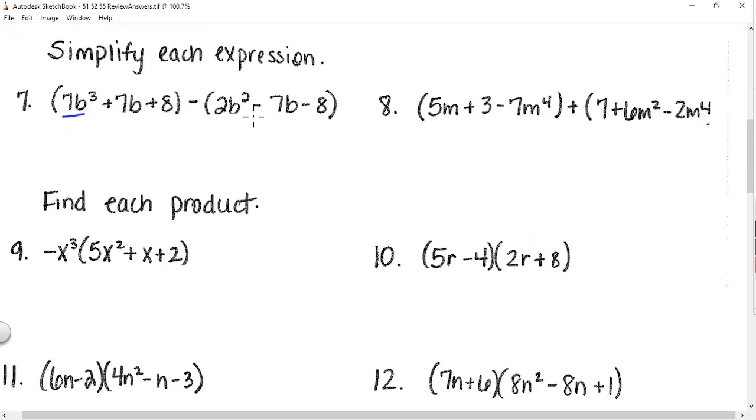There's a b squared, there's another b. There is no other b cubed. So this is very important, and it's a very common mistake to try to add 7b cubed plus 2b squared. Well, those are not like terms. You cannot add those. You cannot combine them. The only thing you could combine with 7b cubed is some other term that has b cubed. There are not any, so that stays just 7b cubed.